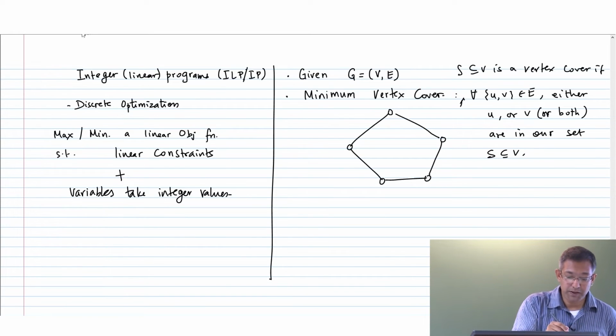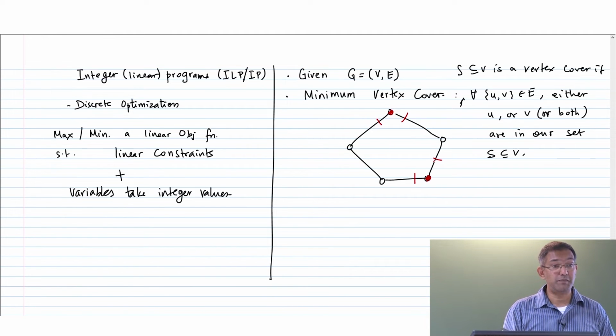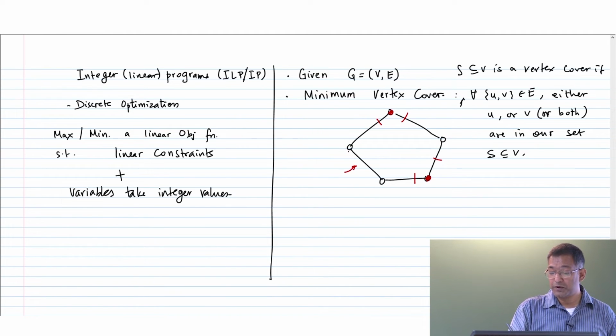Okay. So, let us look at this graph. We can pick this vertex, and it covers these two edges. We pick this vertex and it covers these two edges. We still have one edge remaining, which is this guy. So, we can pick one of these vertices. Okay. So, the red vertices form a vertex cover of size 3.